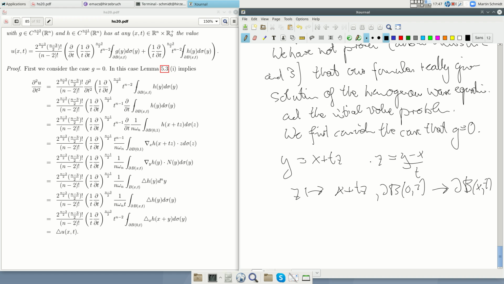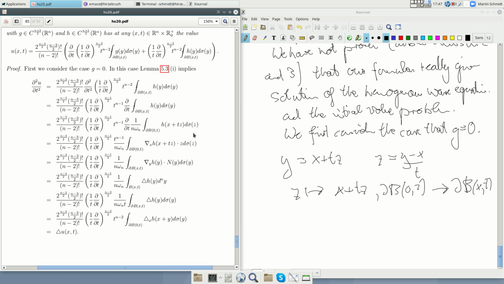This is clear by this formula here. So by this reparametrization, now we take the mean over the 0,1 ball, which is just 1 over n times omega n.